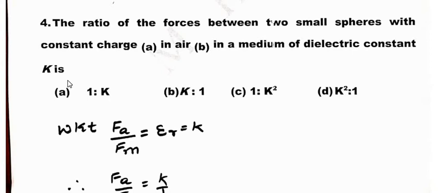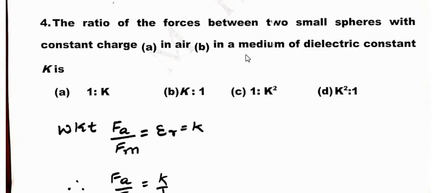These two charged spheres are kept at some distance apart in air, and so now they experience some force. Now the same two charged spheres are kept at the same distance apart in a medium of some dielectric constant K.